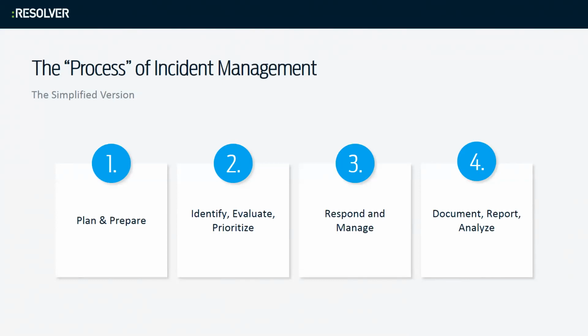We have to get to a point where we say, okay, what do we do and how do we do it and what do we have to do? That's going to be based on operating procedures, situational understanding, and everything you did in plan and prepare to get to respond and manage. We have this event. Now what do we do? Is it an active shooter or is it an alarm? At the end, we document, we report and analyze, and I'll show you the importance of that after.